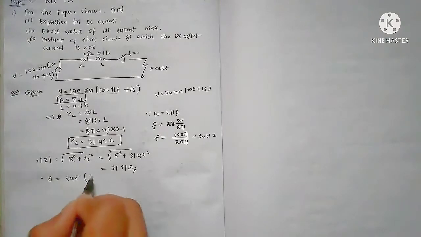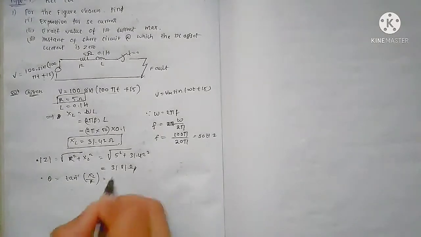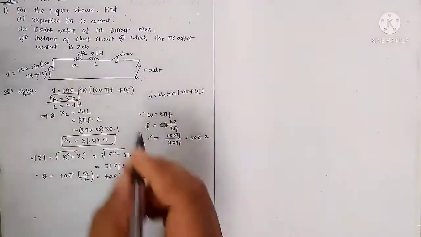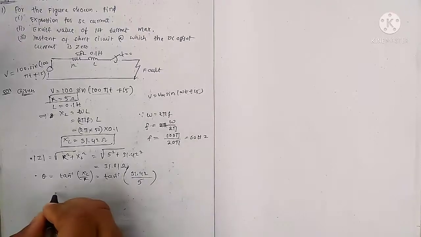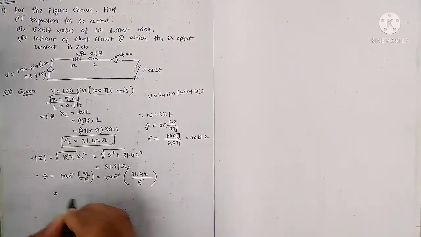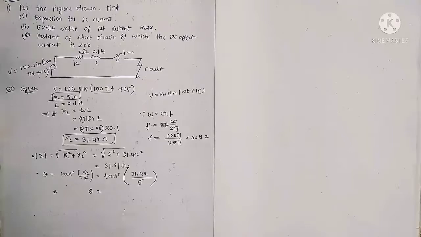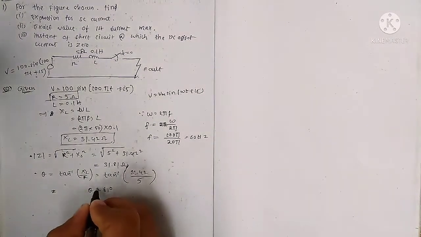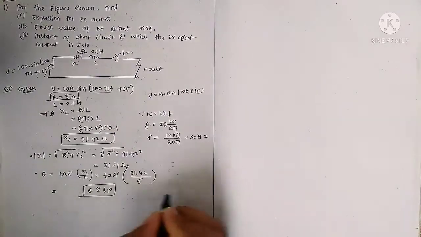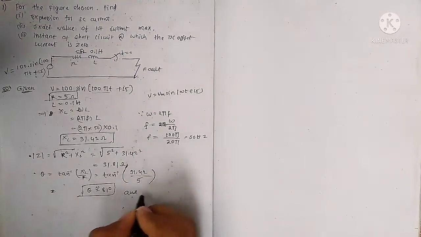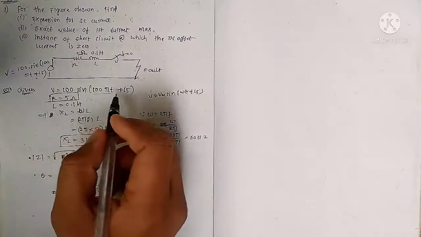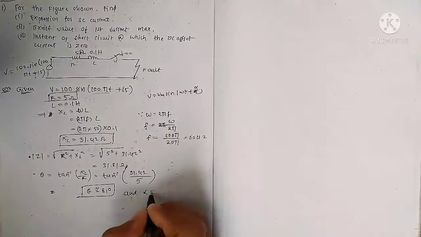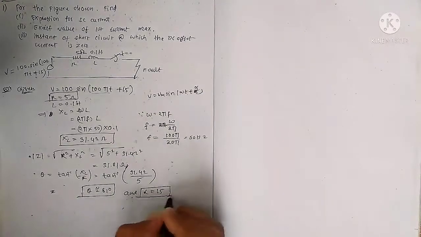Theta is tan inverse of XL by R, where resistance is given as 5 ohms. After calculating, we get theta as approximately 81 degrees, and from this equation, omega t plus alpha, alpha is given as 15 degrees.